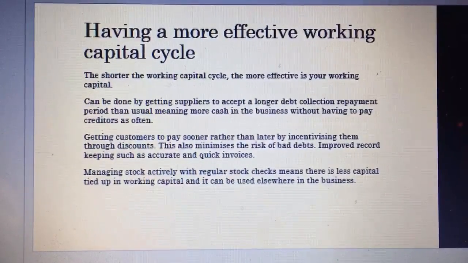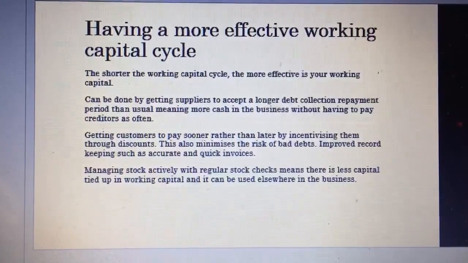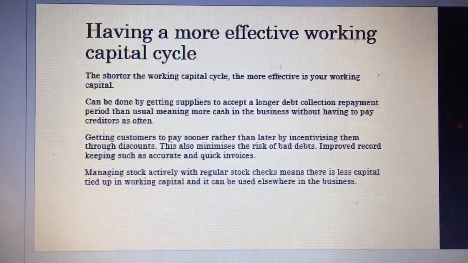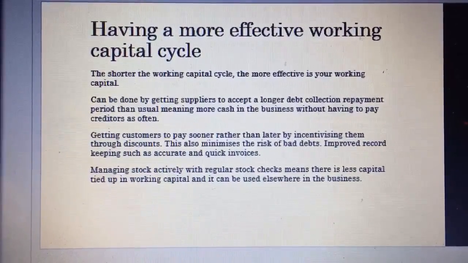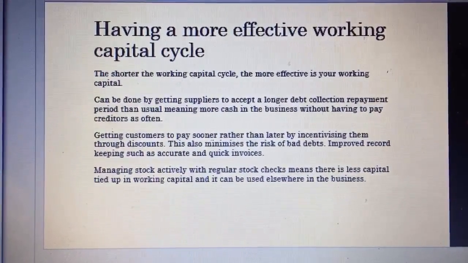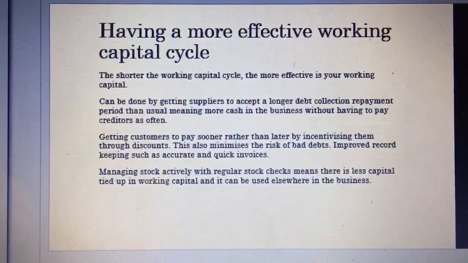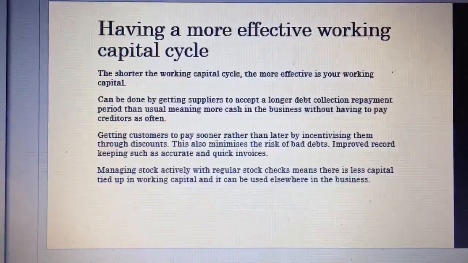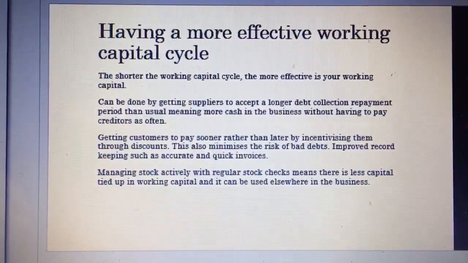This also minimises the risk of bad debts from customers not paying you back because it has been paid sooner. Also, improved record keeping, such as accurate and quicker invoices, means customers will pay sooner because they have less excuse to delay their payments.